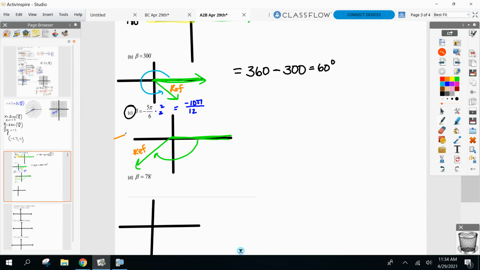So what can I do with the pi and the 5 pi over 6? Look at the diagram. This is why I draw it. How can you find that smaller portion right there, that reference angle? Subtract them, right? Here's pi. I take this part away, you get the reference angle.